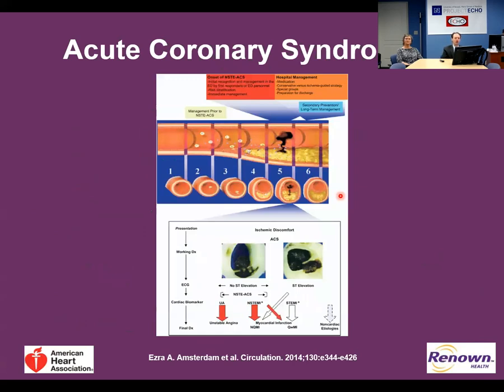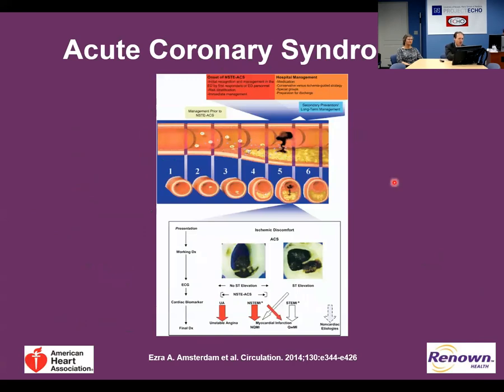So if you'll recall my lecture on non-ST elevation and ST elevation acute coronary syndrome, the critical mechanism is the rupture of this atherosclerotic plaque and clot formation.